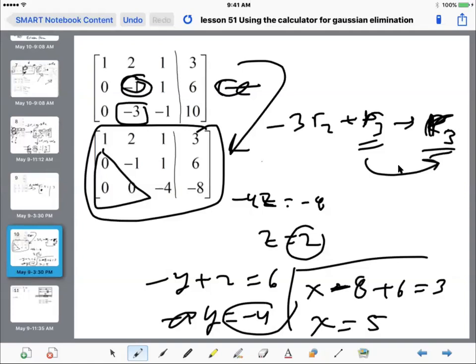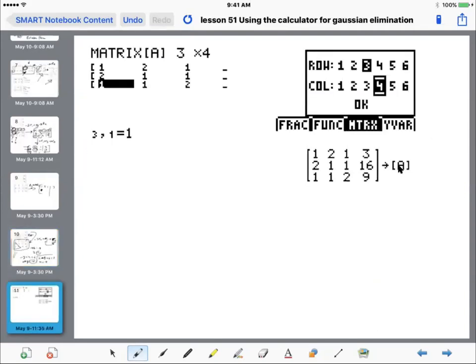A lot more is going on than just a way to not write the x's, y's, and z's and pluses. There's a lot going on that lets us do these row operations, but for now, that's how we're thinking about it.